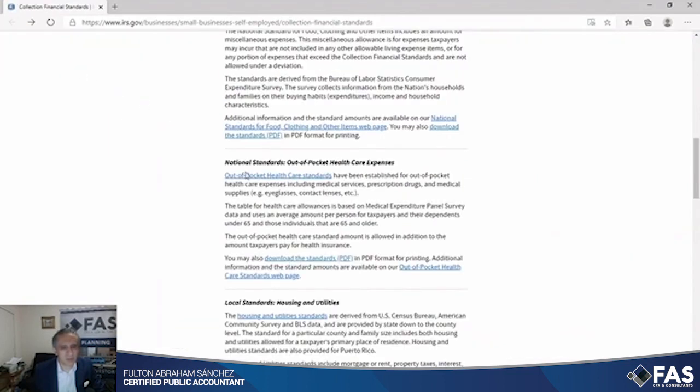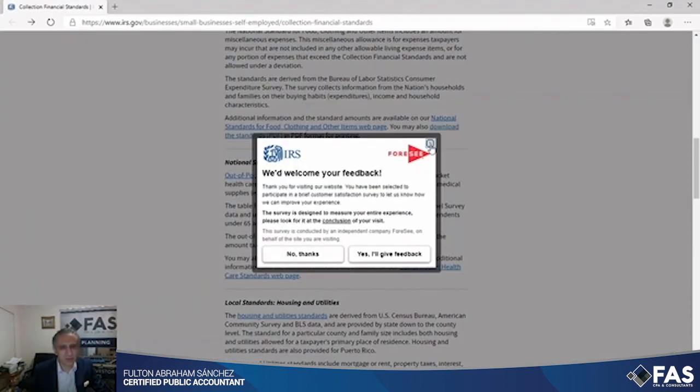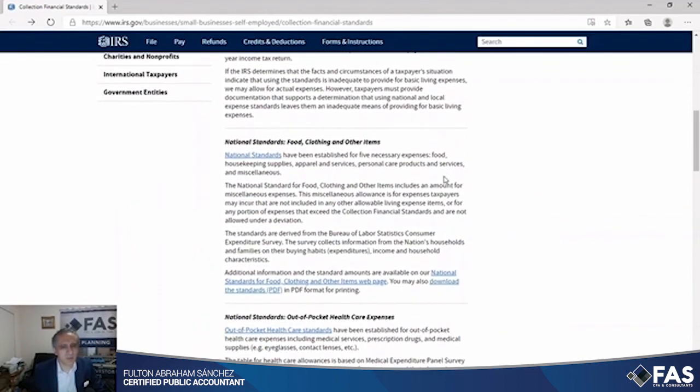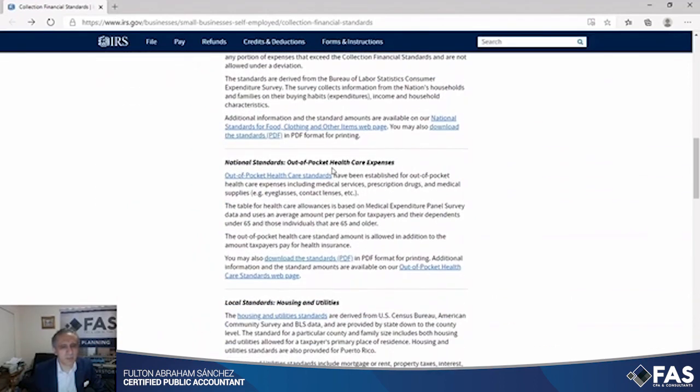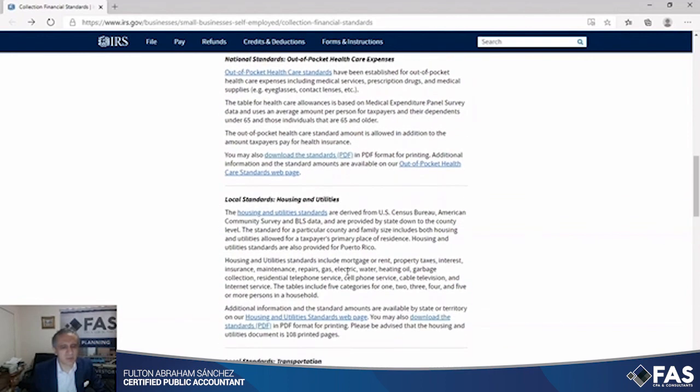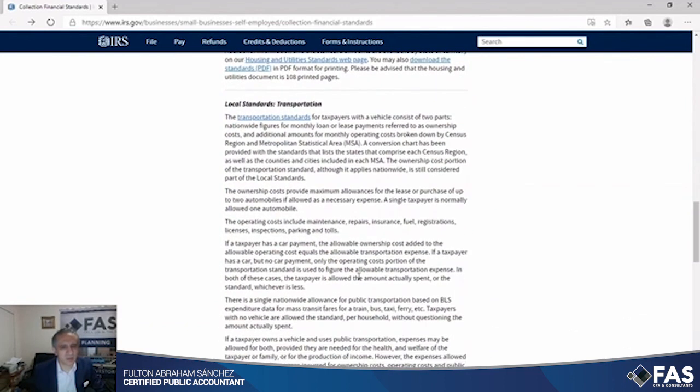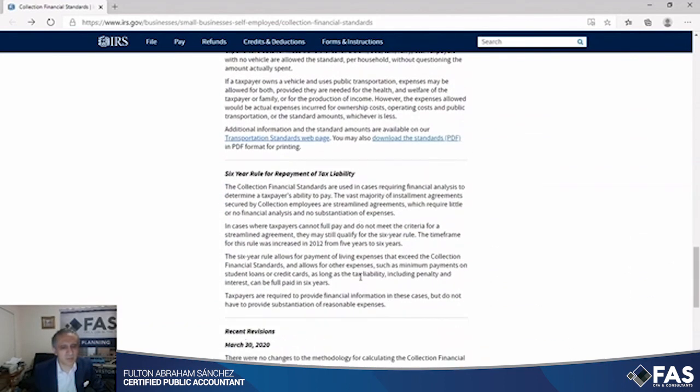Let's see how much it is for out-of-pocket healthcare expenses. There is none for health insurance. It's only out-of-pocket healthcare expenses.